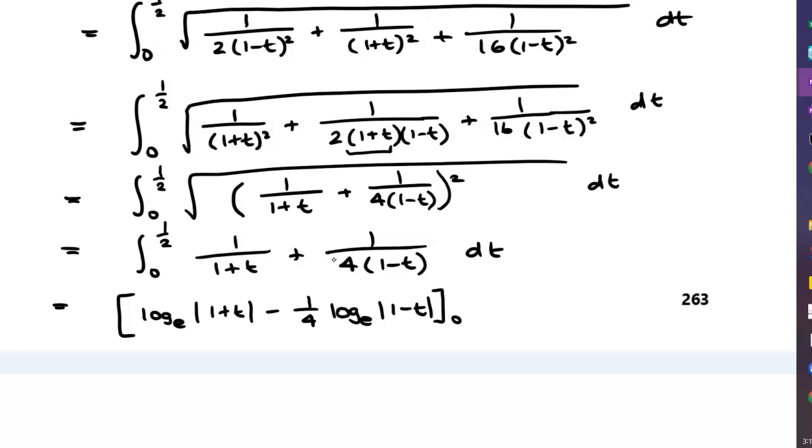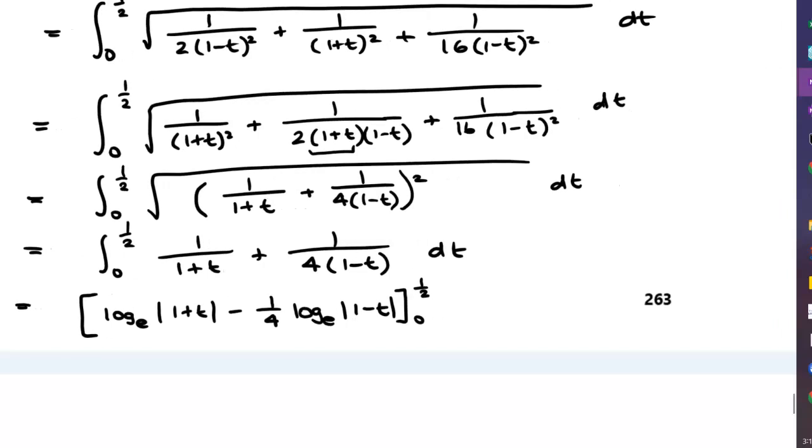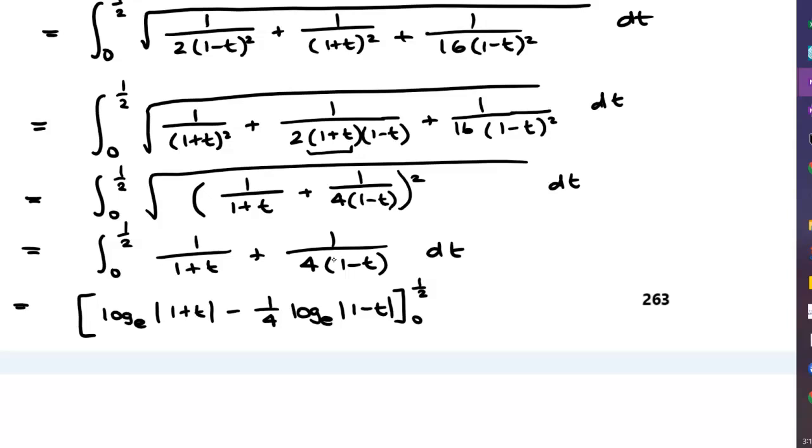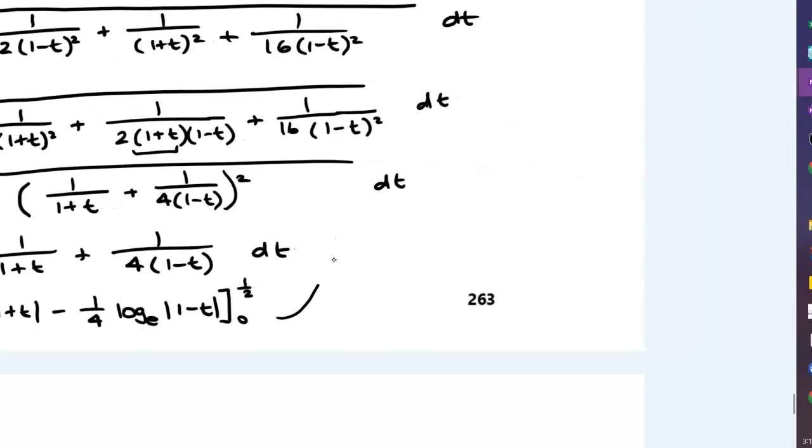And we're evaluating from 0 to a half. Popping all that in, this one you're going to have, when you're putting in the half, 1 plus a half, and then 1 minus a half. And when you put through the 0, you're just going to have zeros. So let's perhaps squeeze it over here. That becomes log base e of, don't need the magnitude because 3 over 2 is already positive, minus 1 over 4 log base e of 1 over 2.